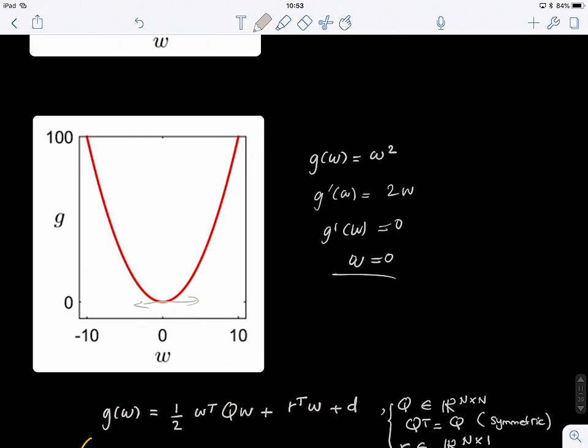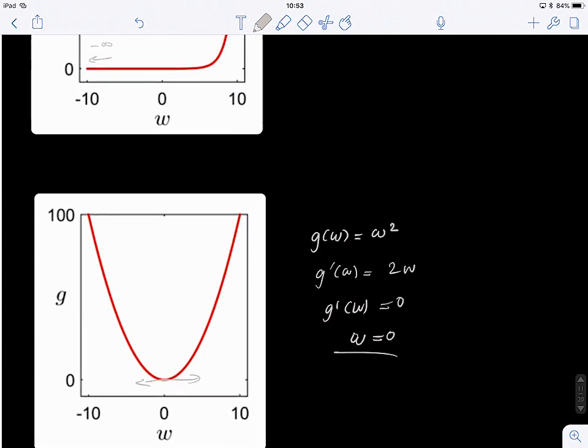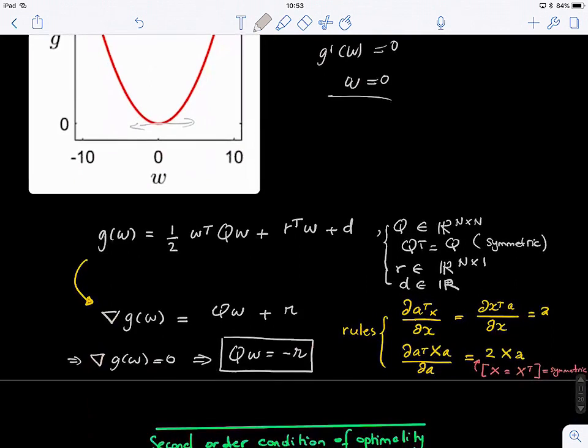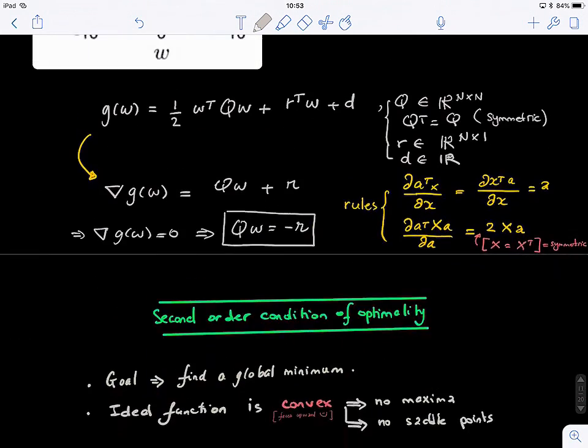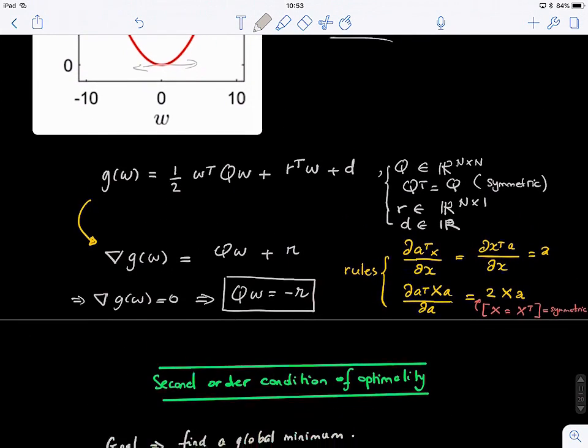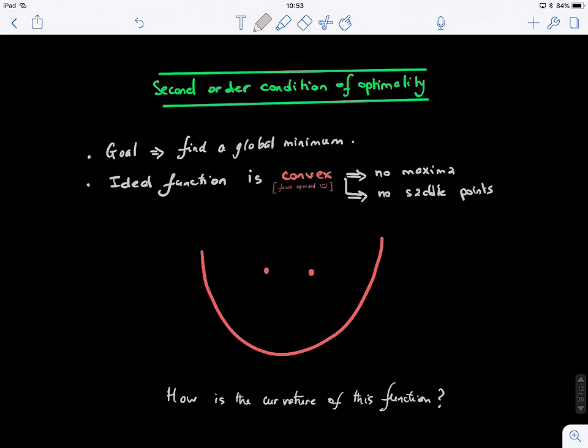So what we need to add is to look at the curvature. Let's look at this example. We're going to look at different examples. I'm going to get back to this one later on. But basically, when we have a convex function like this, where the curvature is positive, then we know we have a minimum.